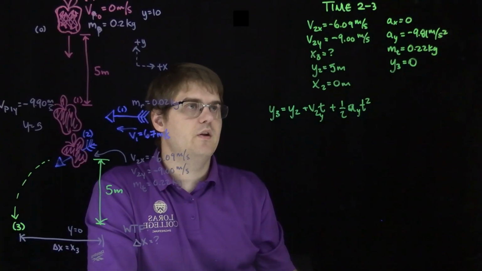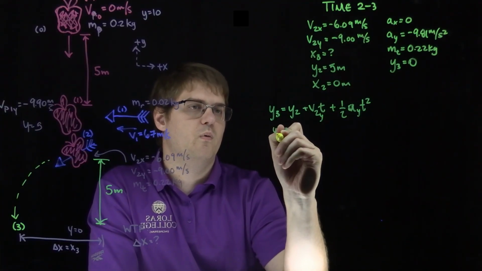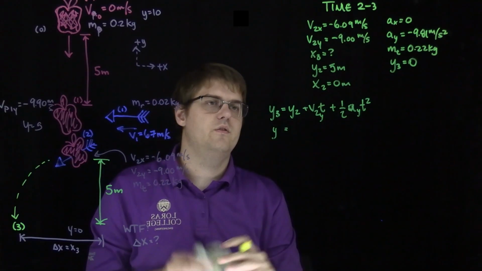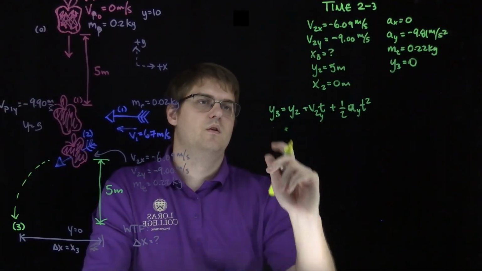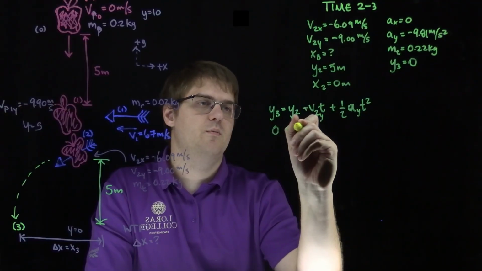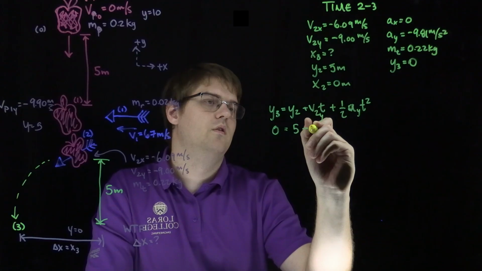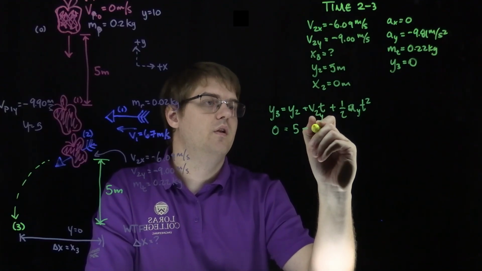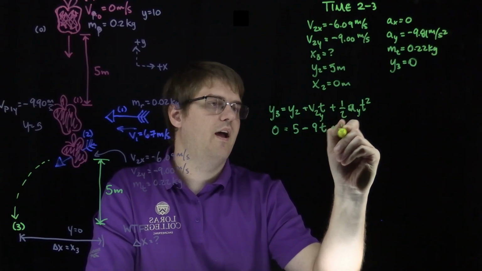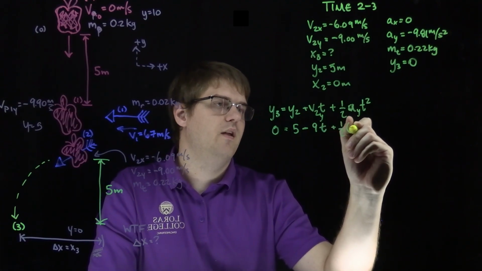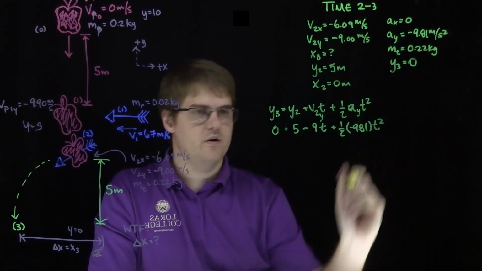And what's going to happen here is y3 is 0. 0 is going to be equal to 5 minus 9 times time plus 1/2 times negative 9.81 times time squared.